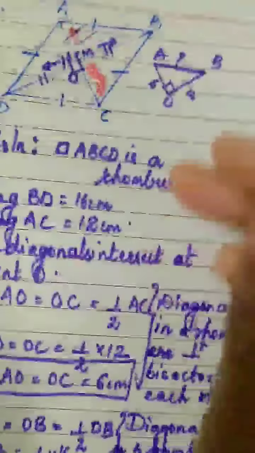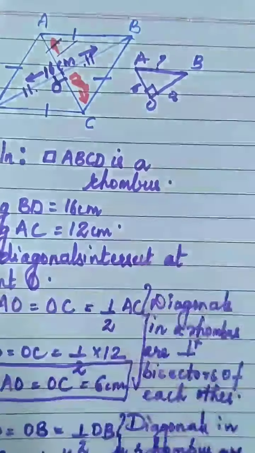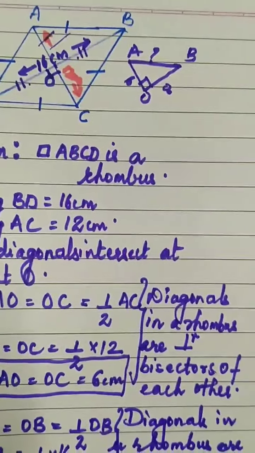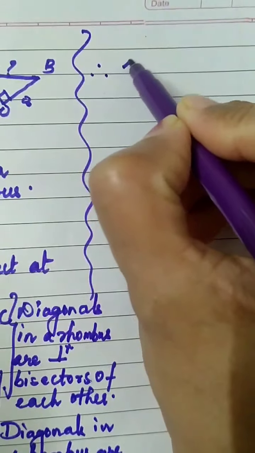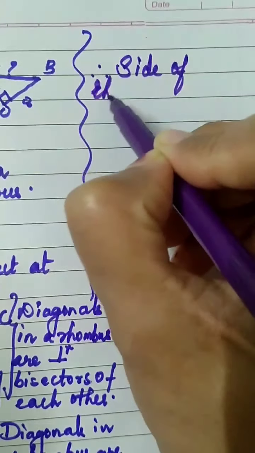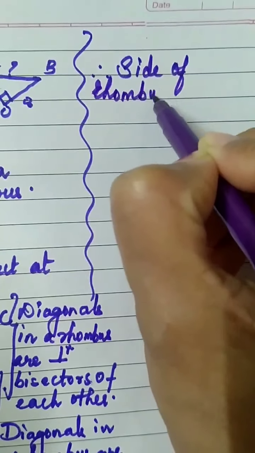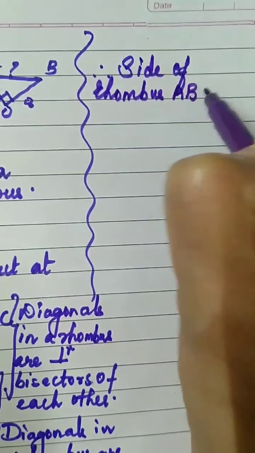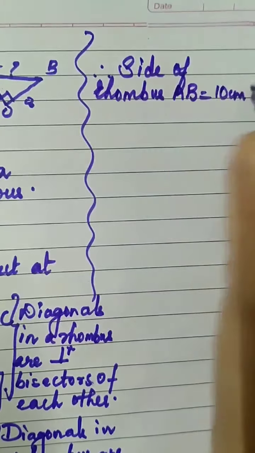What is AB? AB is the side of the rhombus. The next step you will write. Therefore, side of rhombus AB is equal to 10 centimeter.